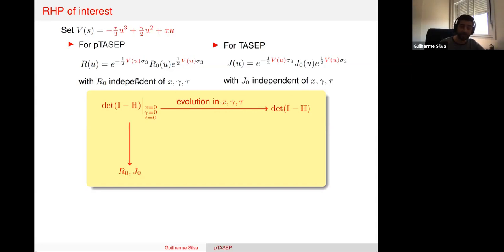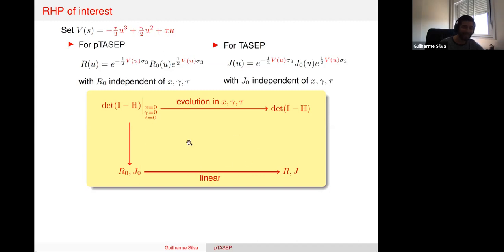And one of the beauties of this Riemann-Hilbert problem is that once you set the parameters to 0, the data that you need to compute is very simple. These are R0 or J0, which, as I said, basically just involve characteristic functions and do not involve parameters. And then you evolve the parameters in a very simple way, which is basically linear. You just tune the coefficients of your polynomial.